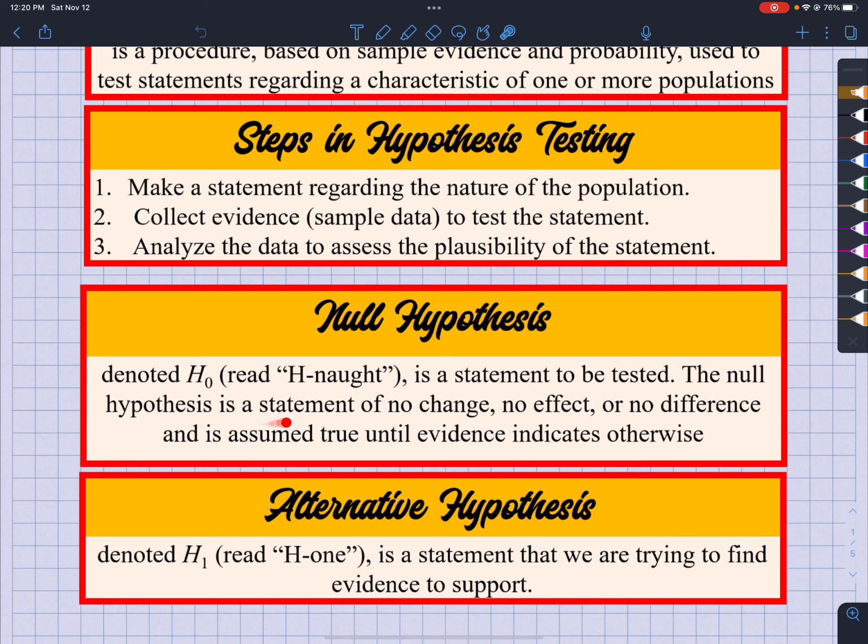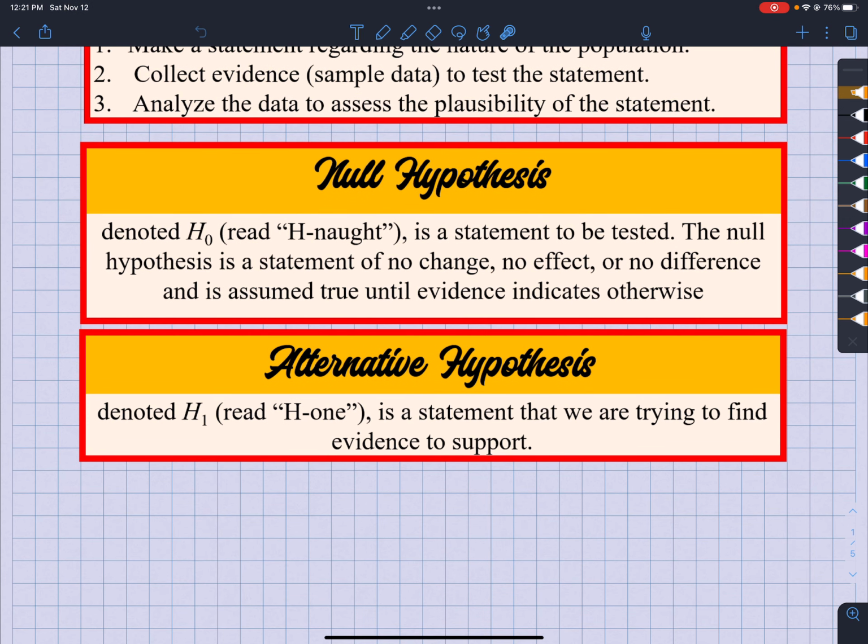The null hypothesis is a statement of no change, no effect, no difference. AKA, the null hypothesis is always equal to something. And the alternative hypothesis, H sub 1, sometimes H sub A, is denoted for alternative hypothesis. This statement is a statement that we are trying to find evidence to support.